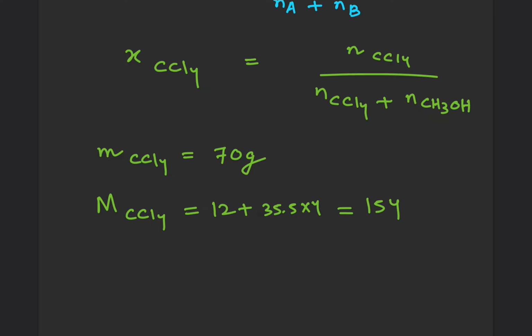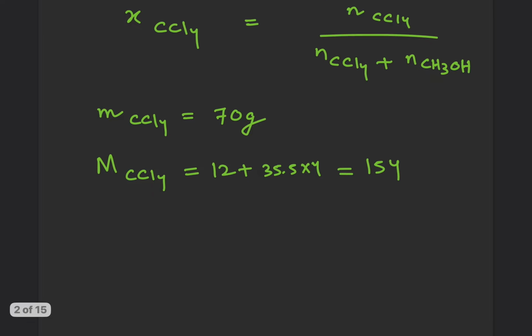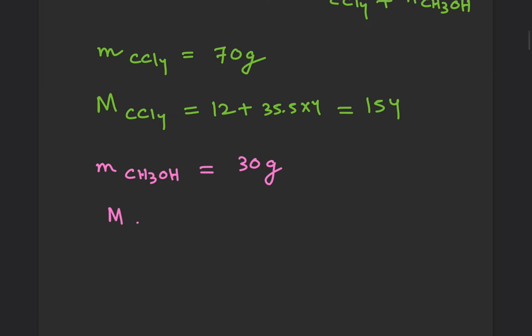Okay, to calculate the number of moles of CH3OH, methanol, we need to know the given mass of methanol. That is given to us as 30 gram, and the molar mass of methanol will be 12 plus 3 plus 16 plus 1, which is 32. Okay, cool.